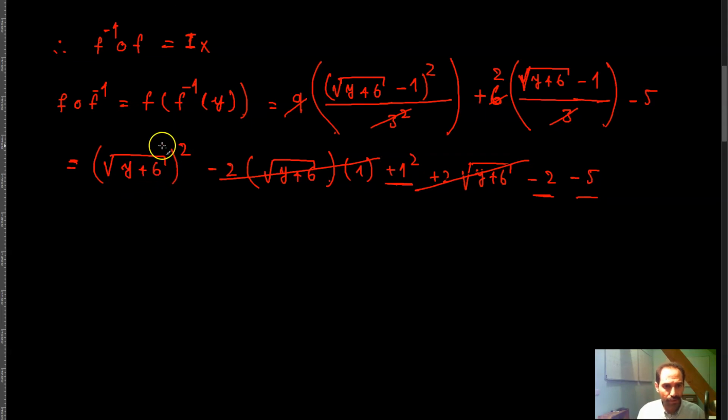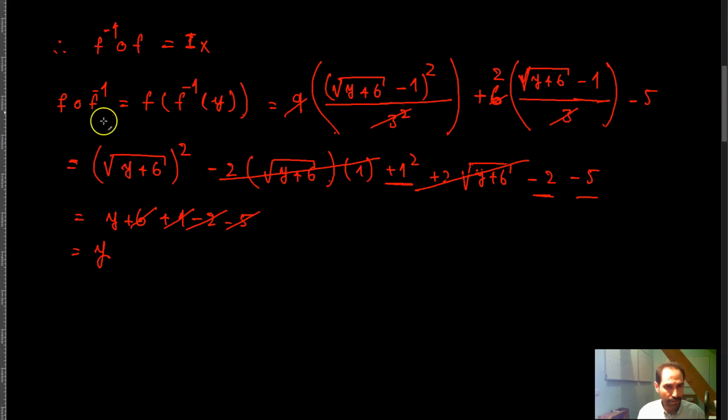So this is going to be equal to y plus 6, and this is going to be equal to 1, and this is going to be equal to negative 2 and negative 5. So negative 2, negative 5 is equal to negative 7, and 6 plus 1 is equal to 7, so all of them you can cancel out and you will be left with y.